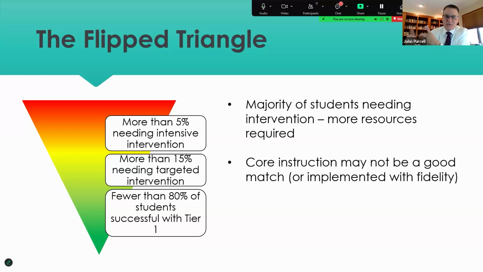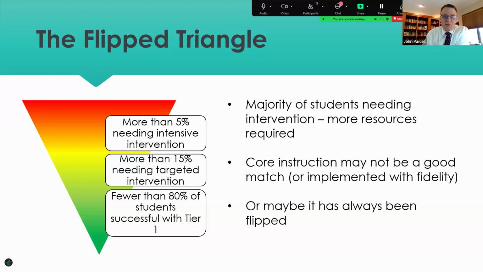And when I implement this tier 2 program, for example, or even classroom interventions, what I'm providing is not meeting what they need, because I didn't really analyze what the errors were for that student. Oh, and then maybe it's always been flipped.